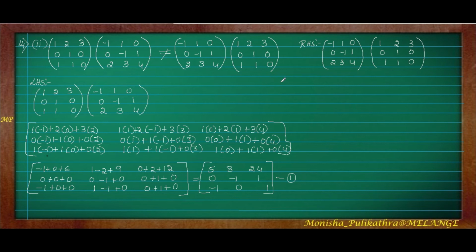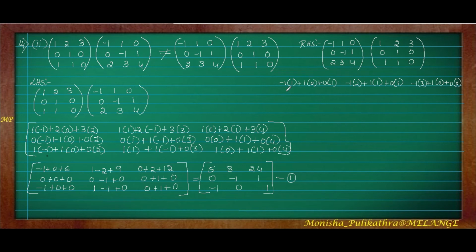So it will be minus 1 into 1 plus 1 into 0 plus 0 into 1. Next first row with the second column. Minus 1 into 2 plus 1 into 1 plus 0 into 1. Next row with the third column. Minus 1 into 3 plus 1 into 0 plus 0 into 0. So first one is finished.